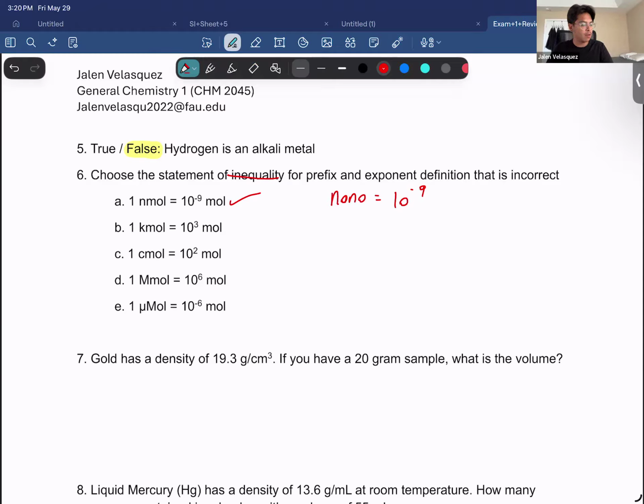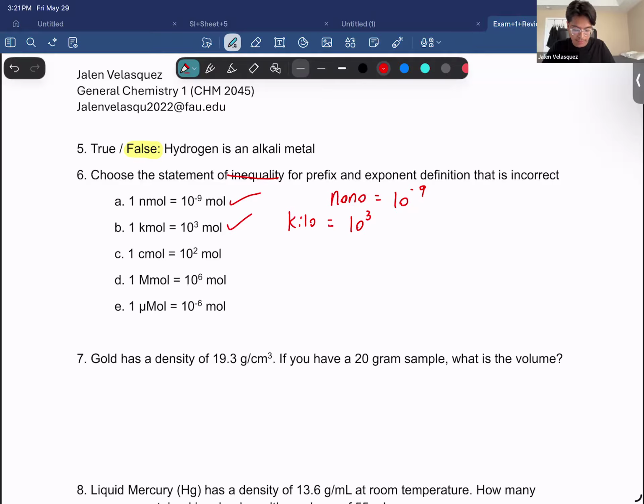For B, 1 kilomole, is it equal to 10 to the positive 3 moles? This is correct. So kilo, that prefix, it means 1,000. So 10 to the 3, right? 10 times 10 times 10, that's 1,000.